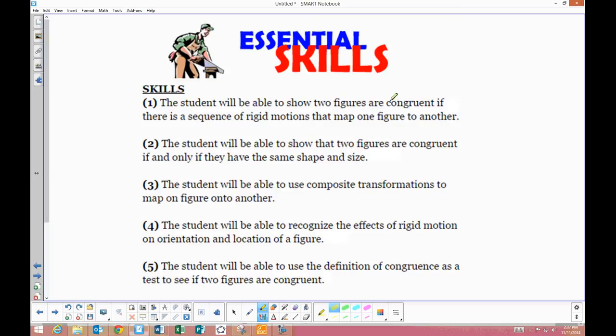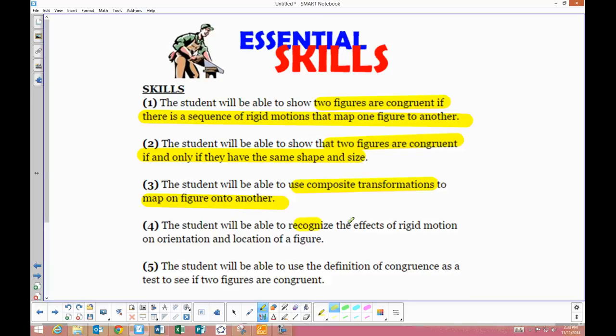You're going to need to show that two figures are congruent if there's a sequence of motions that map one onto the other. You're going to need to show that two figures are congruent if they have the same shape and the same size. You need to be able to use composite transformations. That means using a combination of transformations, like a rotation and a reflection, to map one figure on top of another.